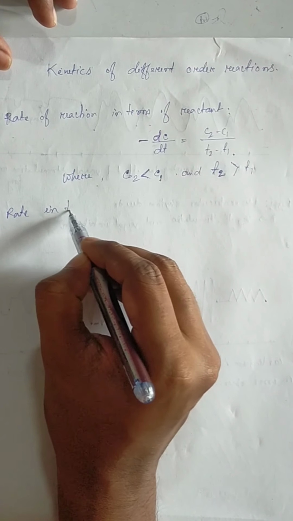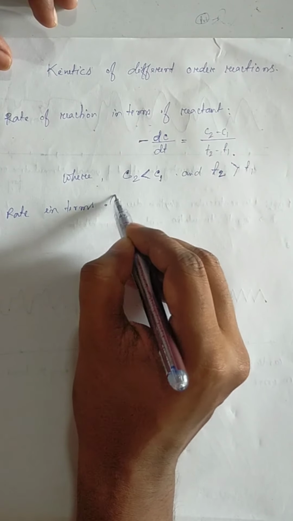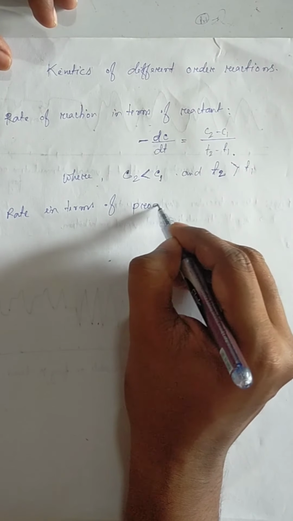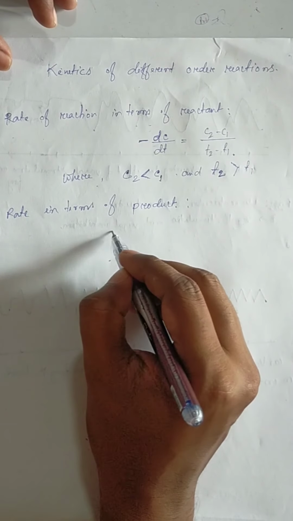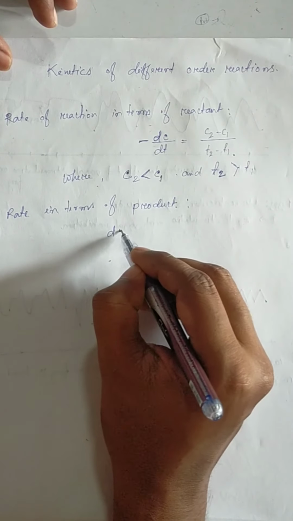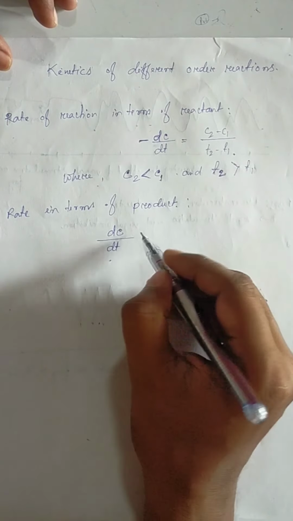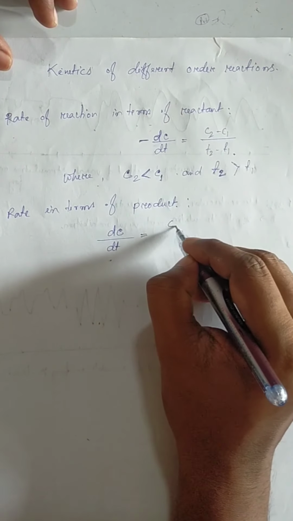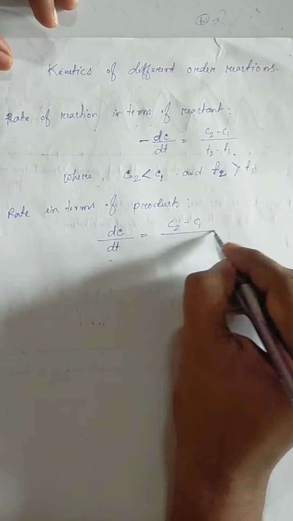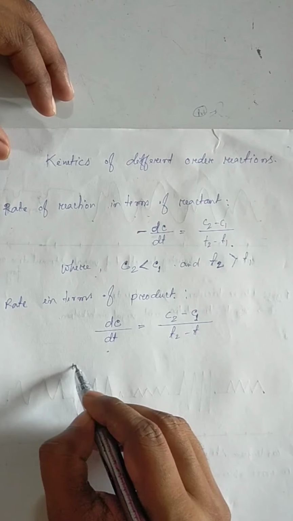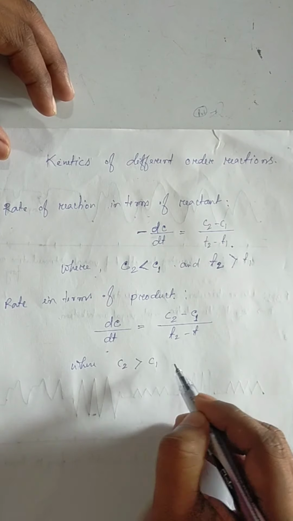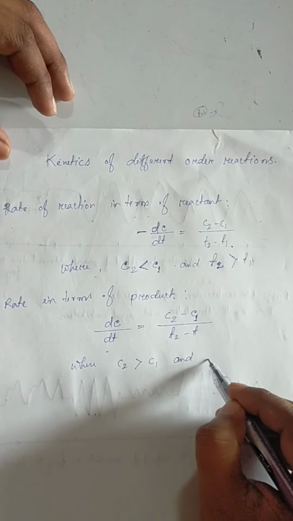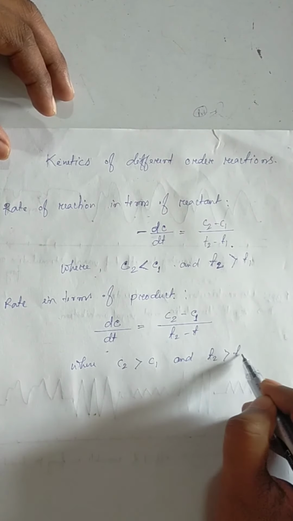Rate in terms of product. So it will be like this. C2 is greater than C1 and T2 is greater than T1.